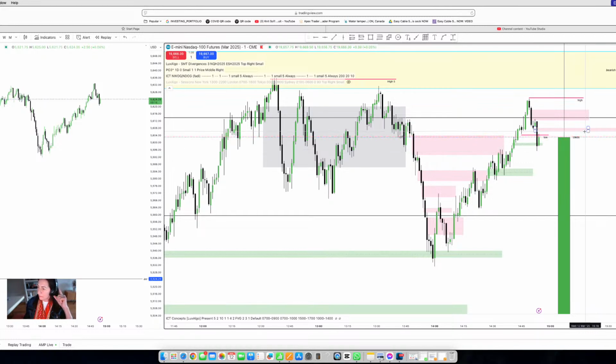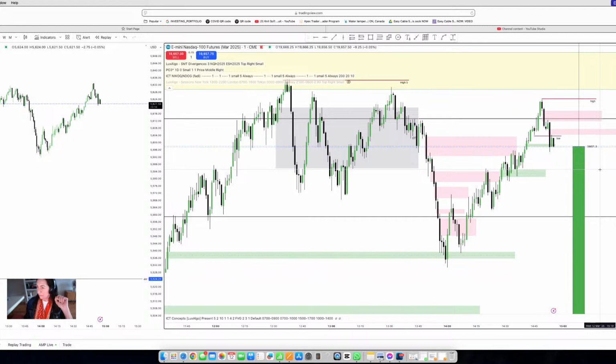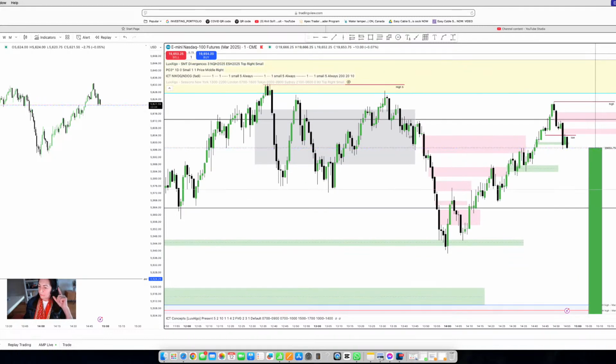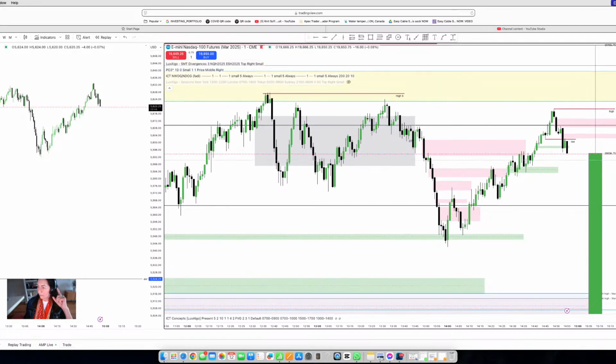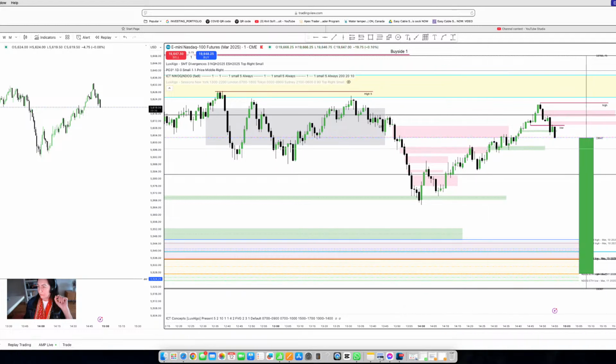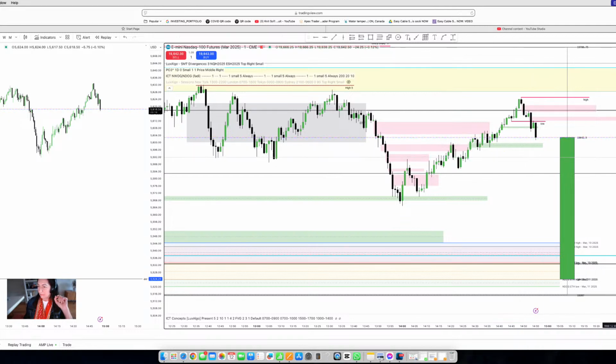16 seconds left on this candle. Maybe a scalp.